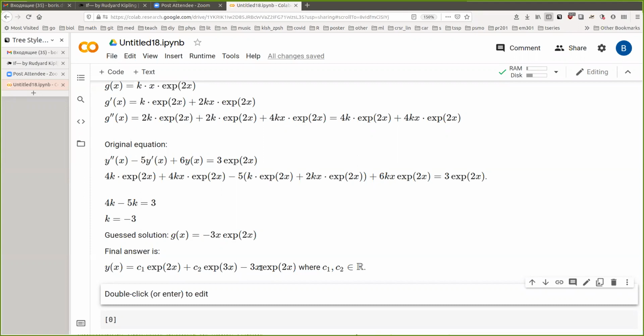And by looking at the structure of the solution, we can find the power of x which is sufficient to have a solution candidate. Okay? Yeah, okay.